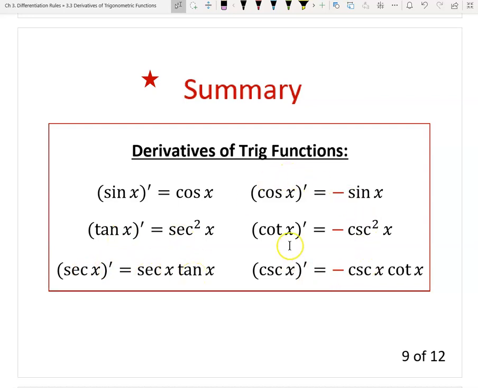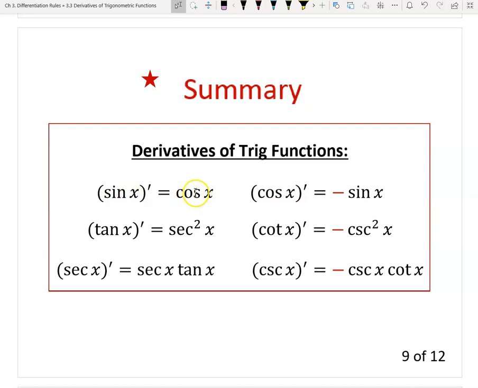And then the right 3 terms, it's easy to see the pattern. What is the pattern? Cosine is the cofunction of sine. Cotangent is the cofunction of tangent. Cosecant is the cofunction of secant. And then we take the derivative: it just goes to the derivative of the cofunction.